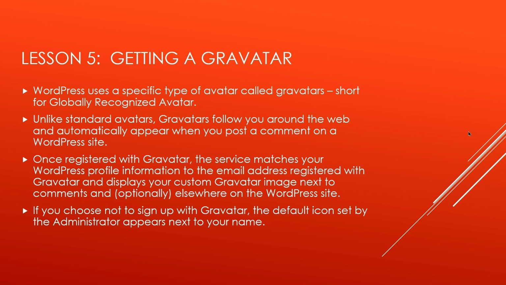The service matches your WordPress profile information to the email address registered with Gravatar and displays your custom Gravatar image next to comments and optionally elsewhere on the site. If you choose not to sign up with Gravatar, the default icon set by the administrator will appear next to your name. So you can do this for free if you want to get a Gravatar.